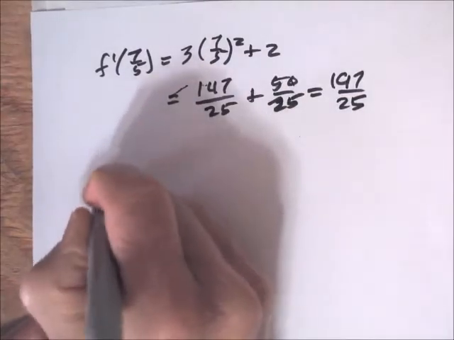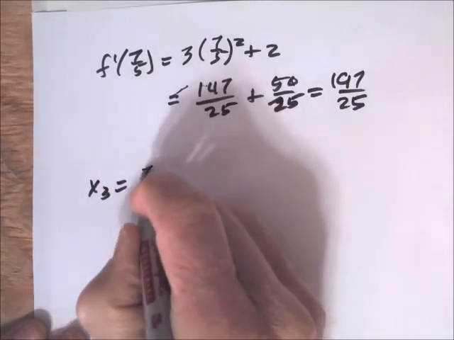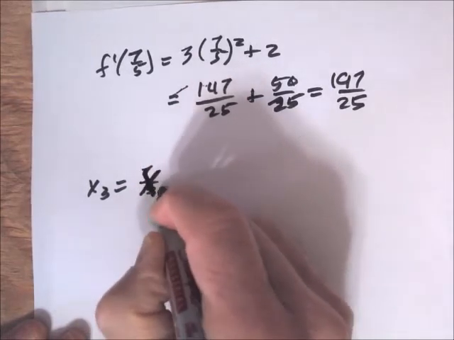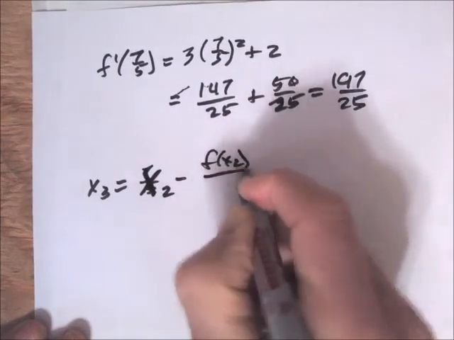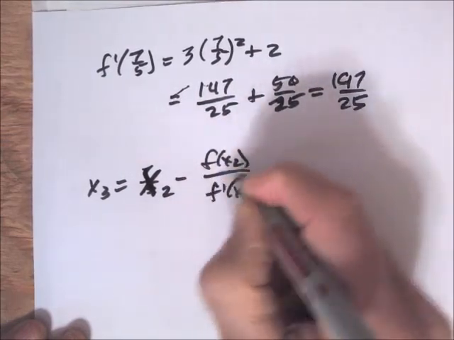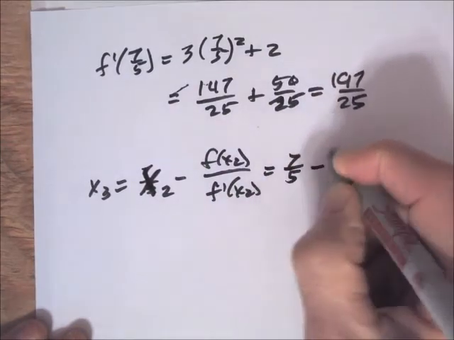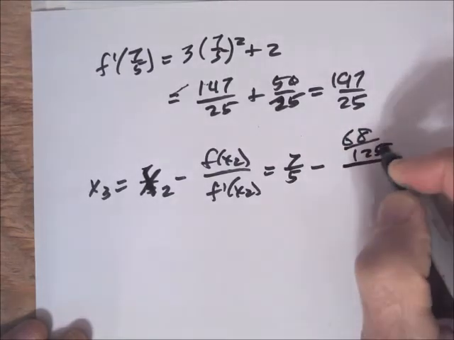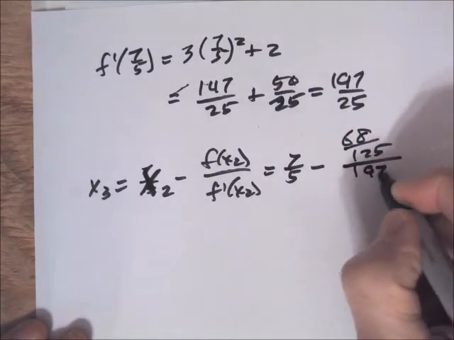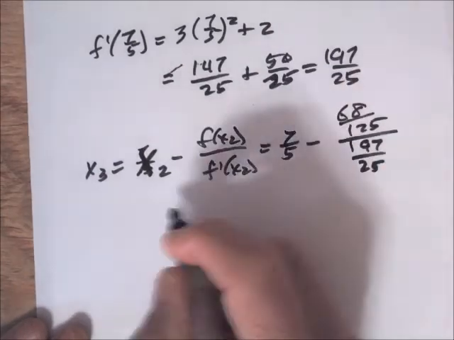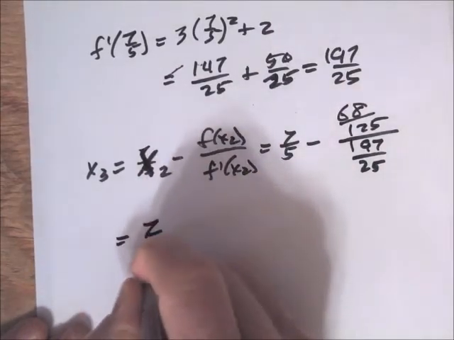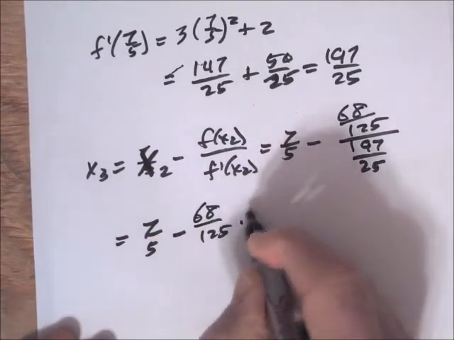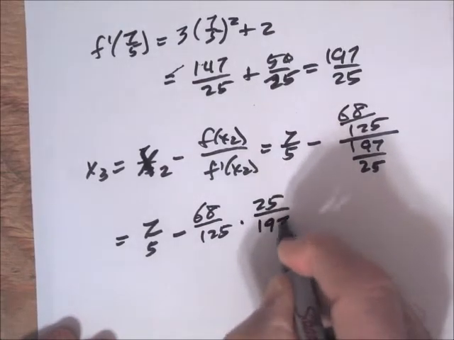So x3 is going to be 7/5. Well, let's put the formula down: x2 minus f of x2 over f prime of x2. So it's going to be 7/5 minus 68 over 125 over 197 over 25. So it's going to be 7/5 minus 68 over 125 times 25 over 197.